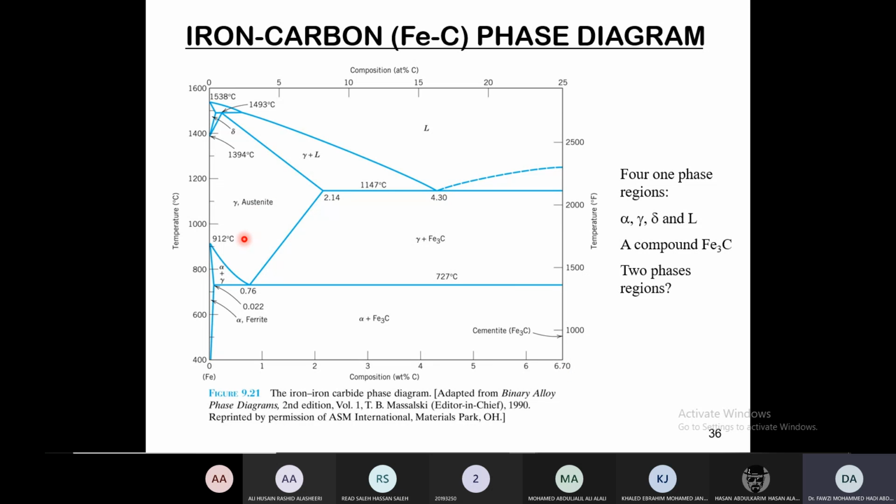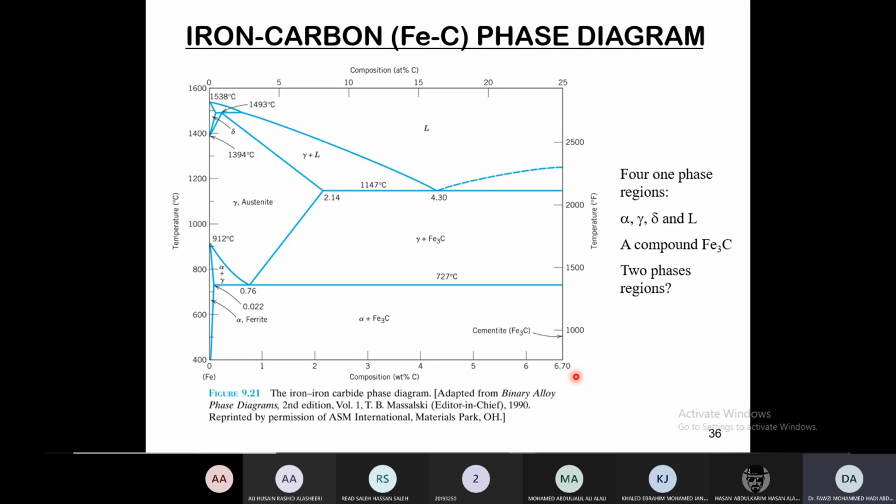Most of our work is concentrated on the part with less than 1% by weight carbon. But because we want to include the cast iron also, we go up to 6.7% by weight carbon.